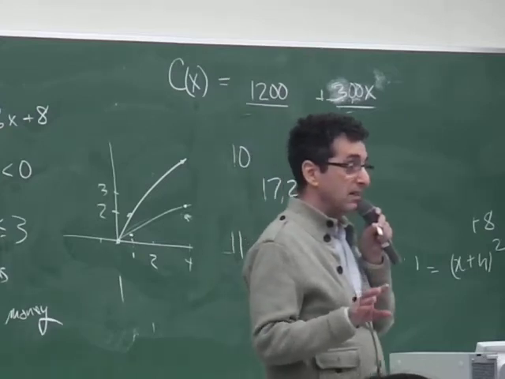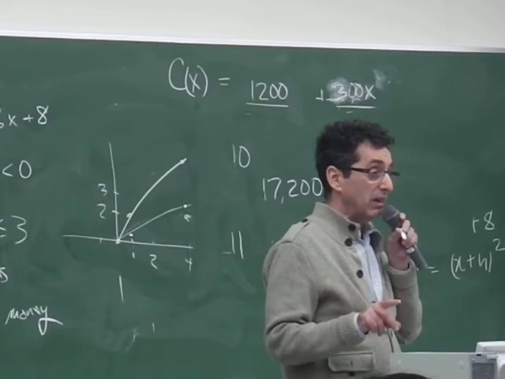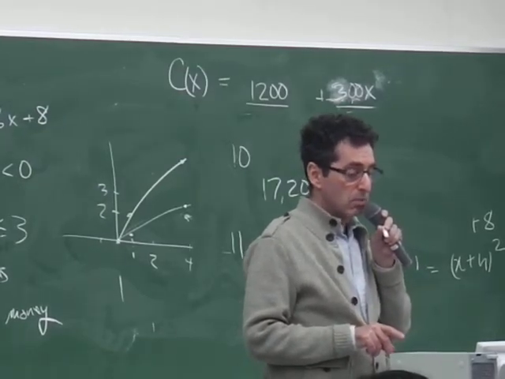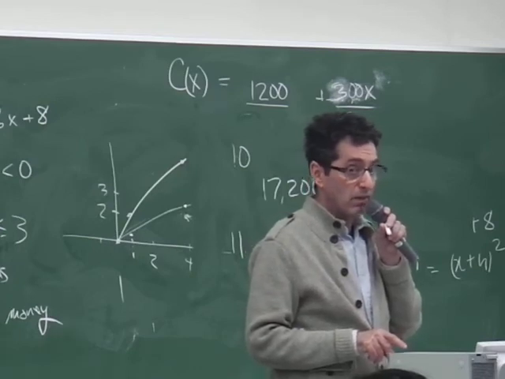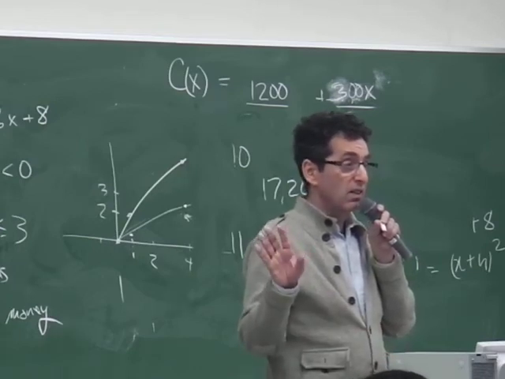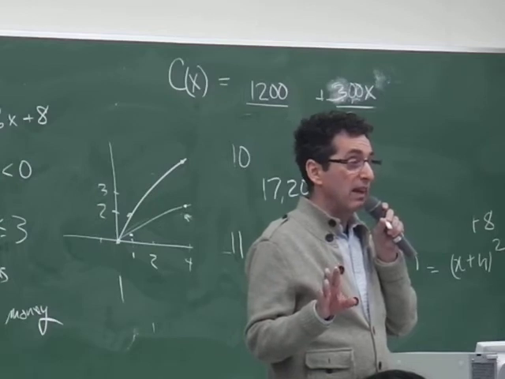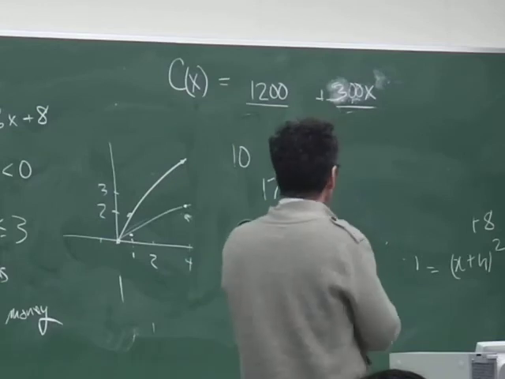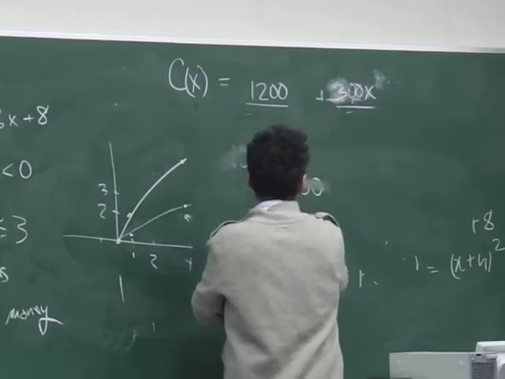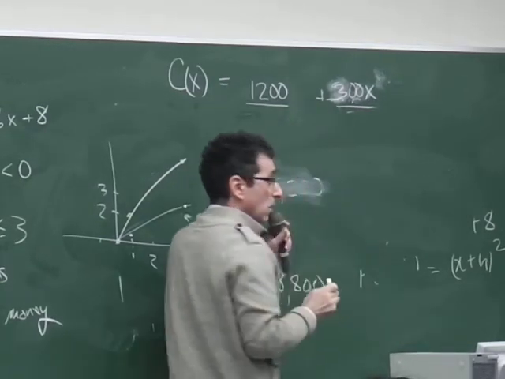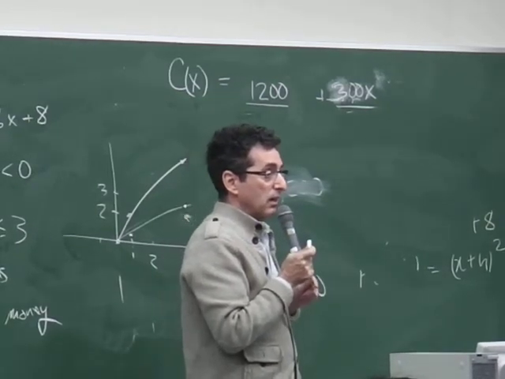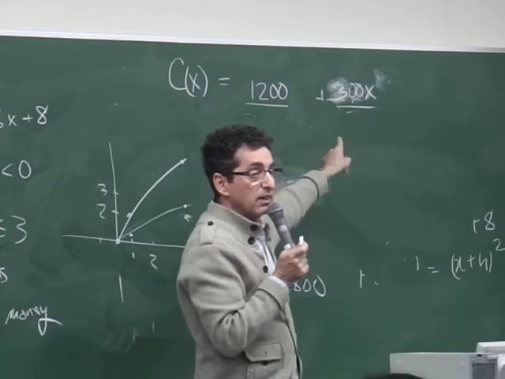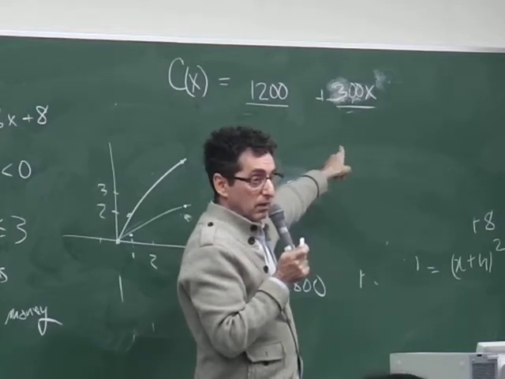What is the cost of producing the 11th piano? The 11th is different than 11. What's the difference between asking, what's the cost of producing the 11th piano versus what's the cost of producing 11 pianos? Suppose this is the function. What's the cost of producing the 11th piano? $300, right? That's the 11th one.